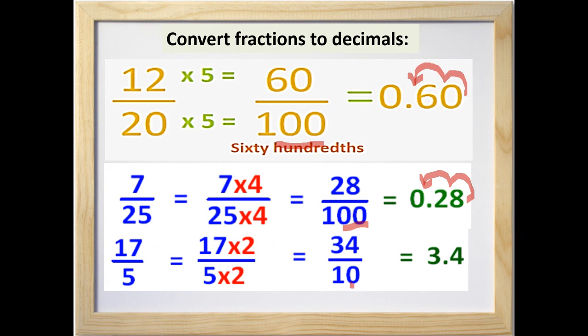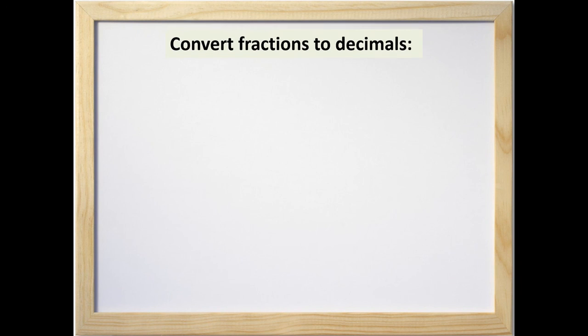There is only 1 zero. So we will shift the decimal point from the right to left by 1 place, since there is only 1 zero. So the decimal number is 3.4. Is it clear, children?